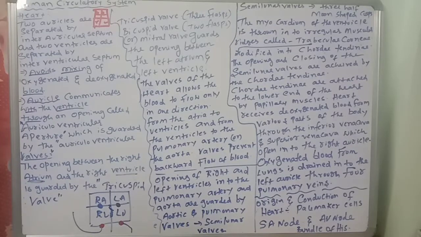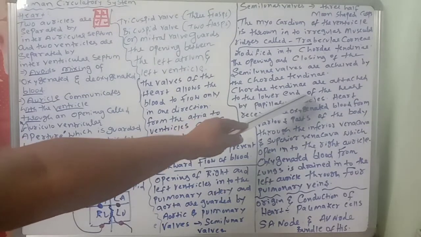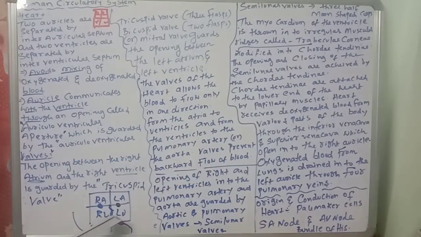The opening and closing of the valves are achieved by the chordae tendineae. The chordae tendineae are attached to the lower end of the heart by papillary muscles.